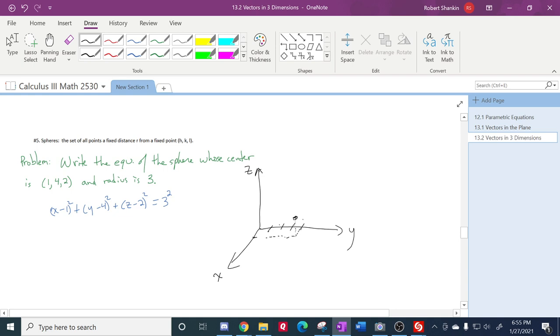I'll be right here. That's the center of my sphere. That's the point (1, 4, 2).